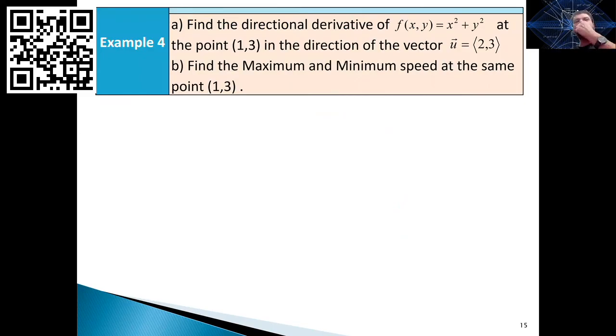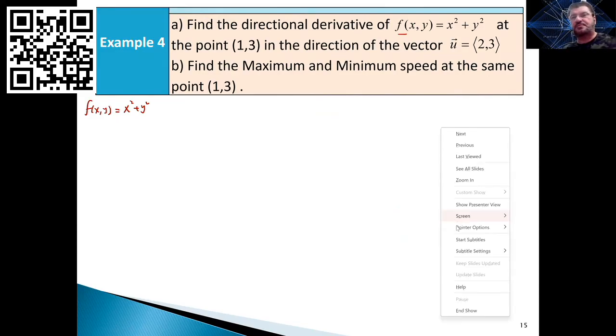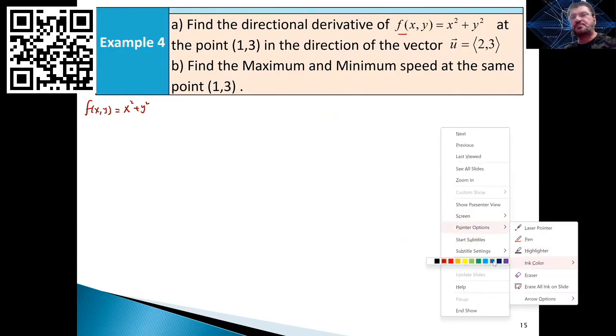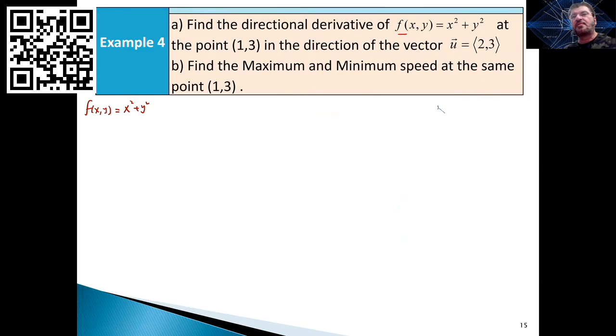Let's look at the same example we did a minute ago, but I'm changing things here. So look what's happening. We have f of x y equal to x squared plus y squared. So remember the graph of this one. Hopefully we can get a picture of what's going on.